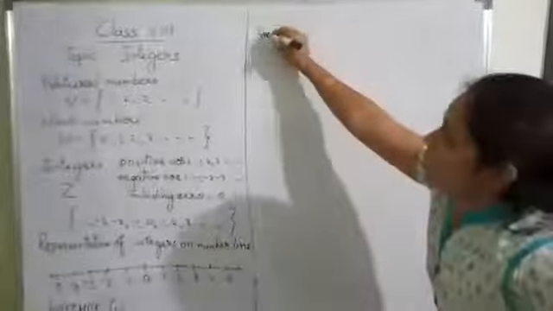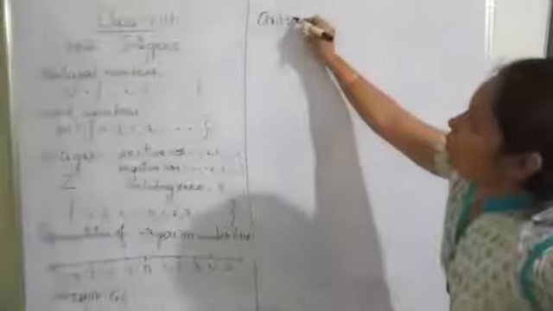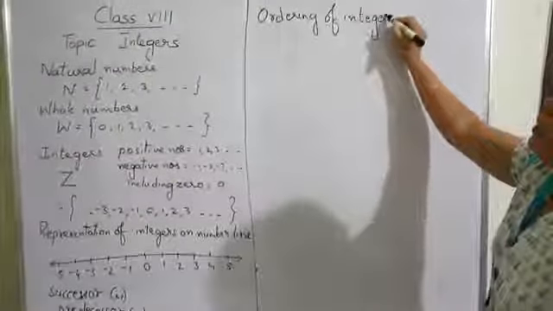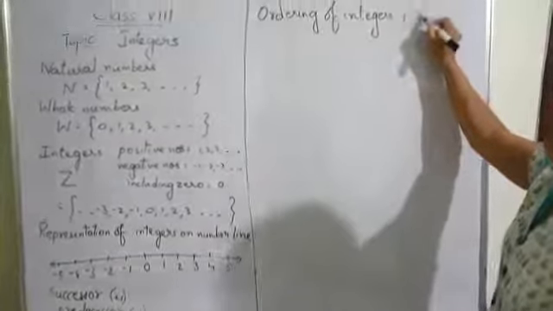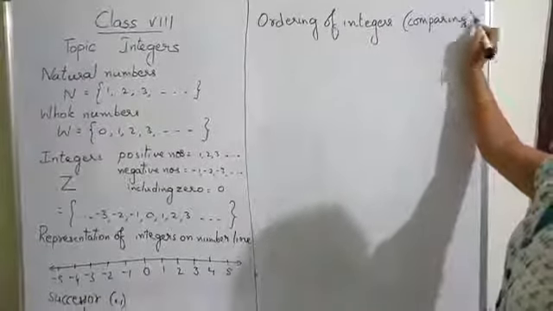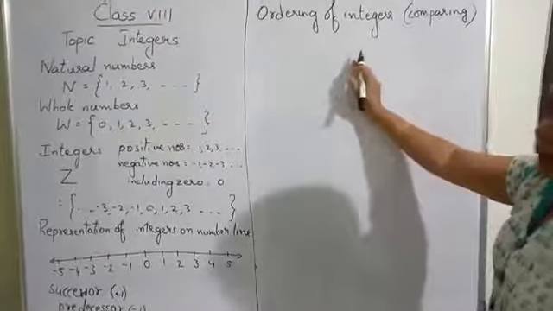Now let us see ordering of integers. Ordering of integers, that means comparing which is greater, which is less. How to compare the integers?